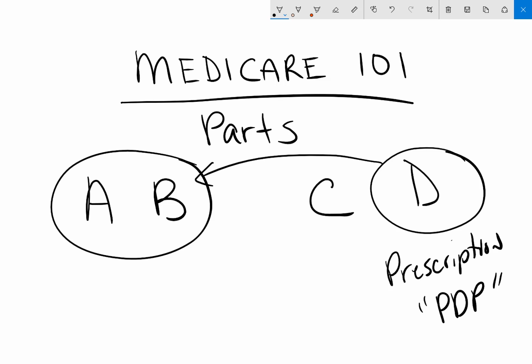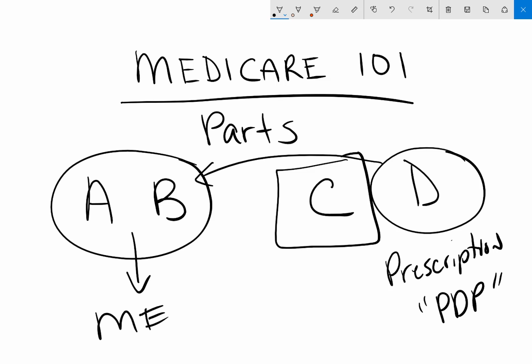You have to have a qualifying prescription drug plan. Again, the Medicare Advantage plans will have some of those with them. With original Medicare, you have Parts A and B, you have your Medicare supplement, and then you will get a separate prescription drug plan to help cover those costs.